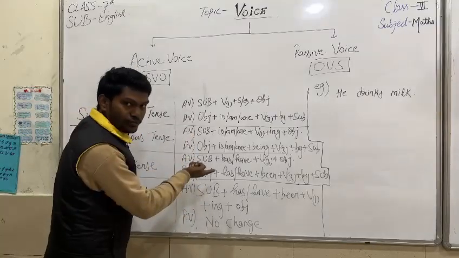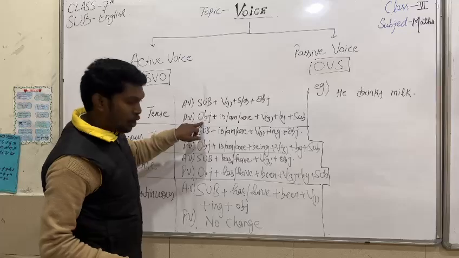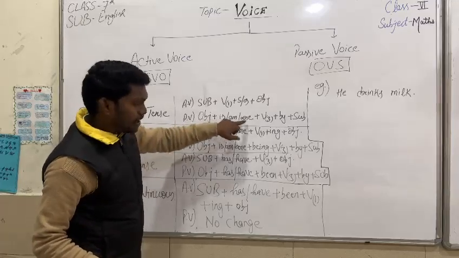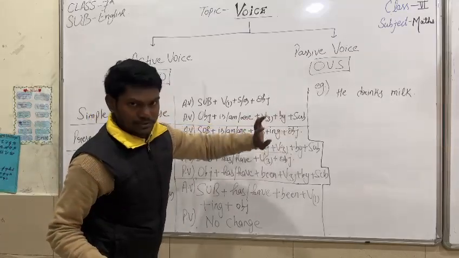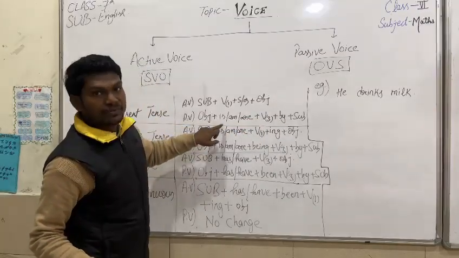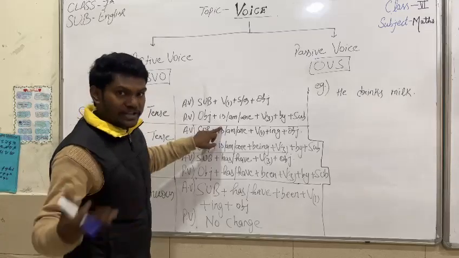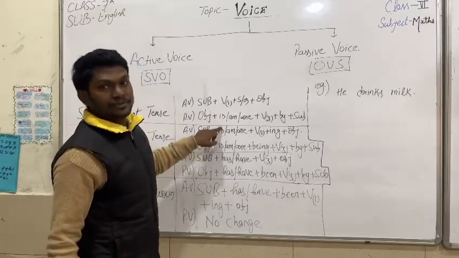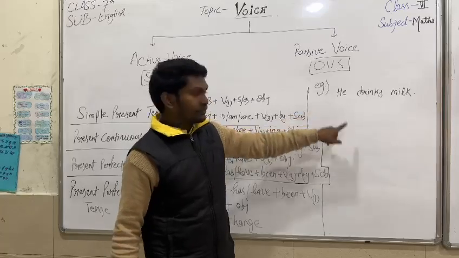Now the passive voice for simple present tense is object plus is, am, are plus third form of the verb plus by plus subject. This is the specific rule for changing active voice to passive voice of simple present tense. Now there is an example according to the rule.